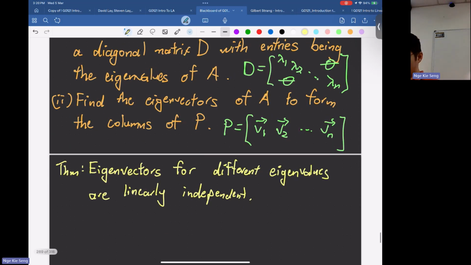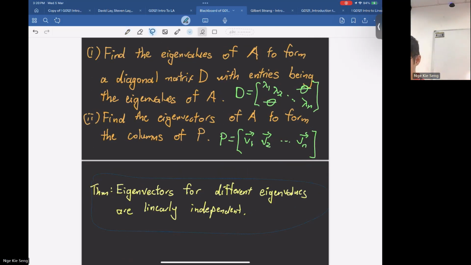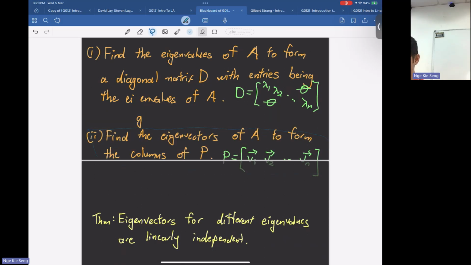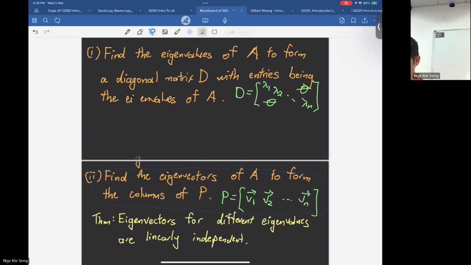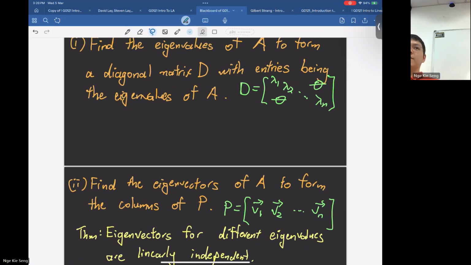But the question here is, what if I repeated my eigenvalues? What if I repeated eigenvalues here? Please answer one thing.